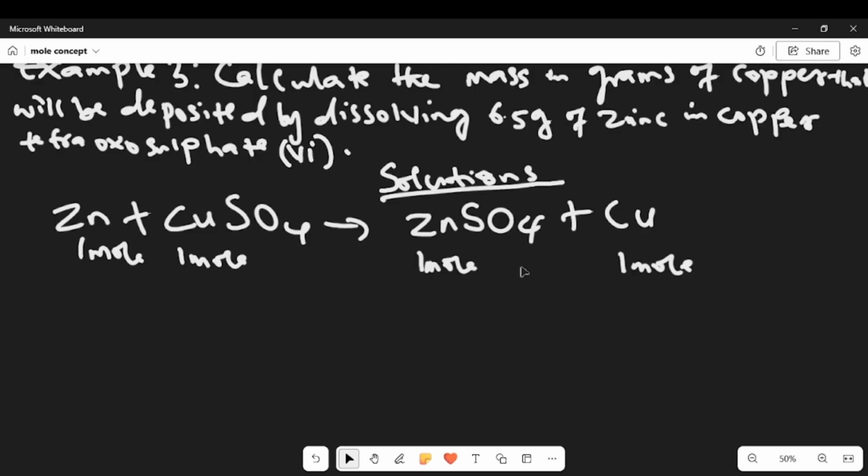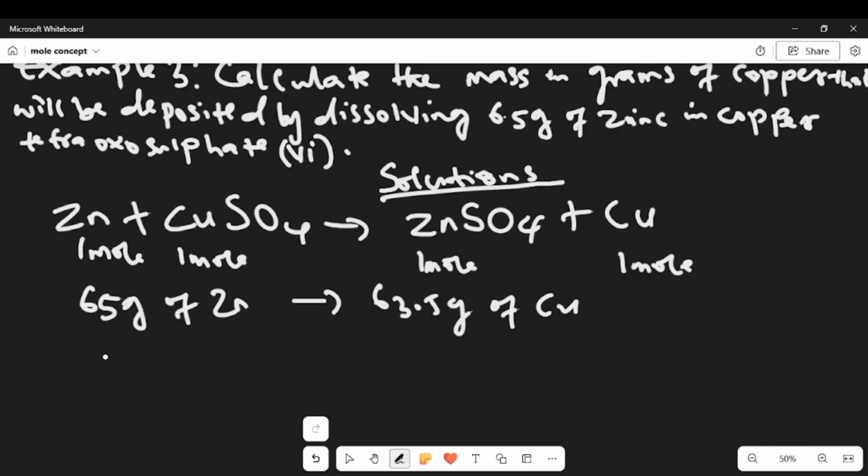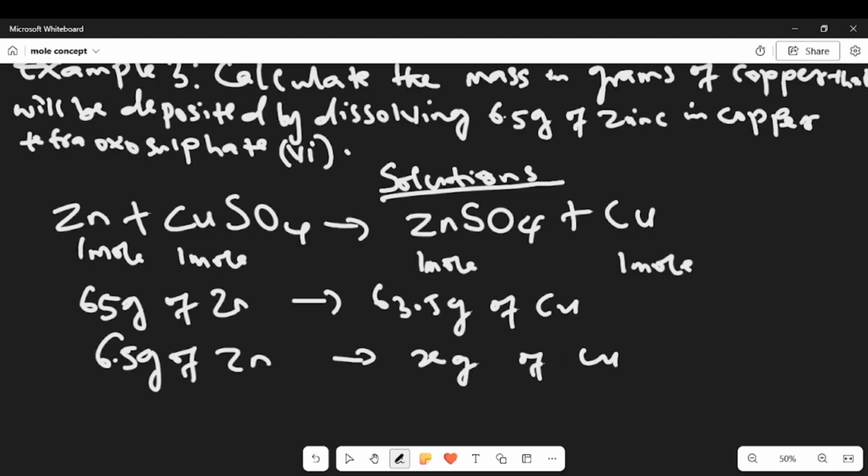All right. So the next thing to do is to actually use what's given to you in the question. So 6.5 grams of zinc will give us x grams of copper. From the atomic masses, 65 grams of zinc will give you 63.5 grams of copper.